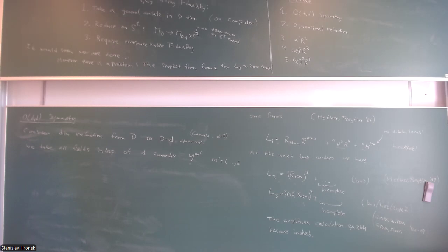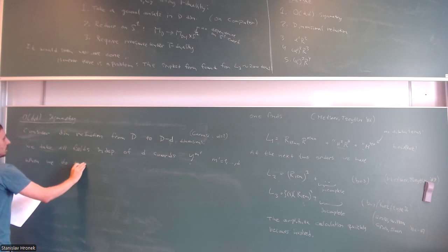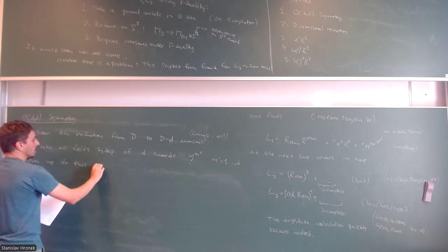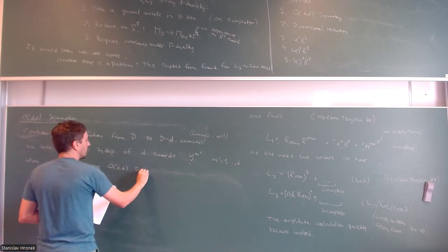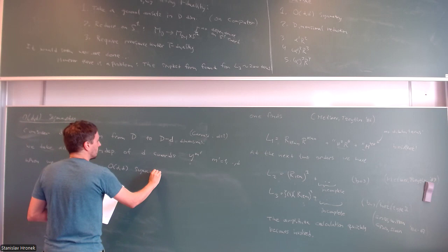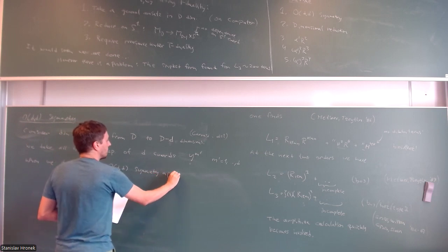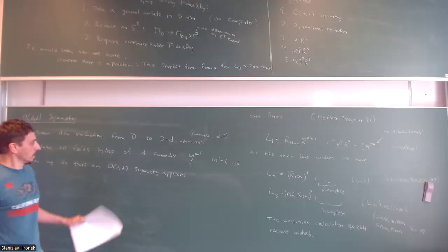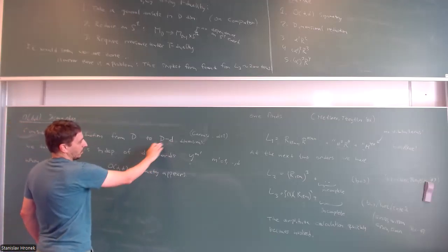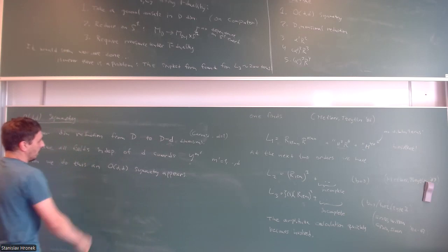And the remarkable thing that happens when we do this is that an O(d,d) symmetry appears. It's the same little d, the number of directions we reduce on.